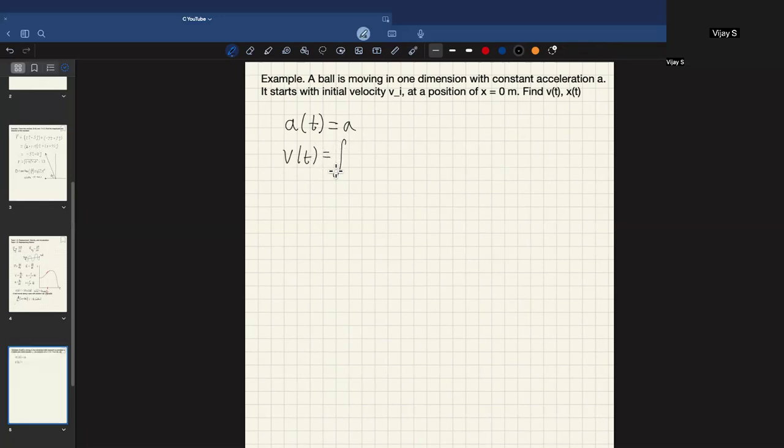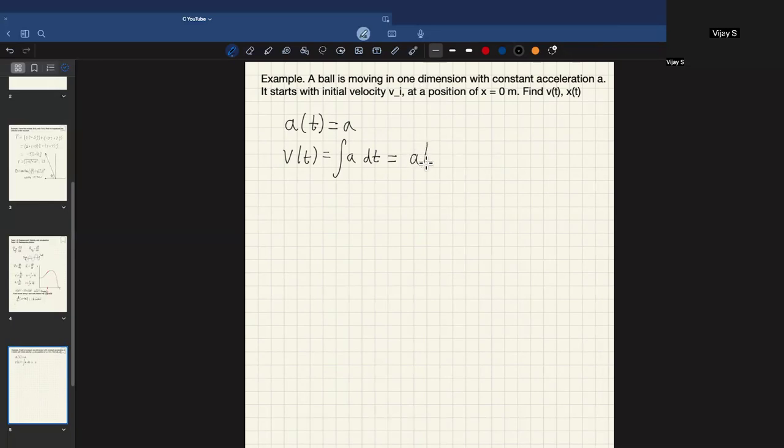So velocity as a function of time would be integral a dt. But according to my equation sheet, if I integrate something with a power of 0, which is all a constant is, t to the power 0 multiplied by that number, right, then I end up getting that same constant multiplied by t to the 1 power.